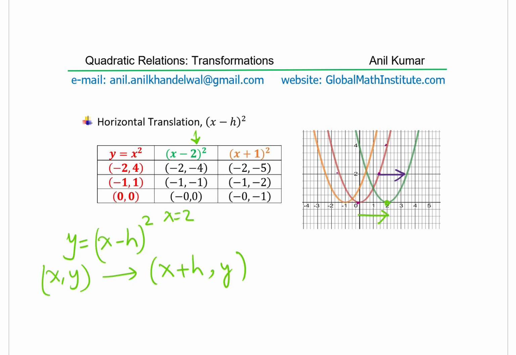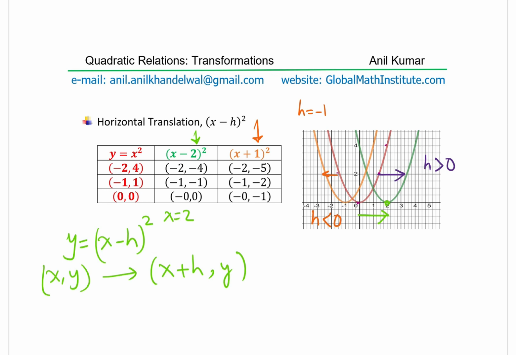That means h is positive. So in this case, h is greater than 0. And in this case, with plus 1, the graph moves 1 unit to the left. Perfect. In this case, h is less than 0. It is negative 1, right? So in this case, h is negative 1, and so it moves left.